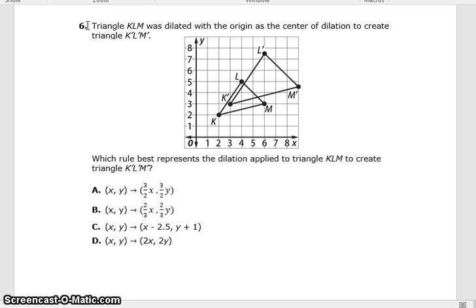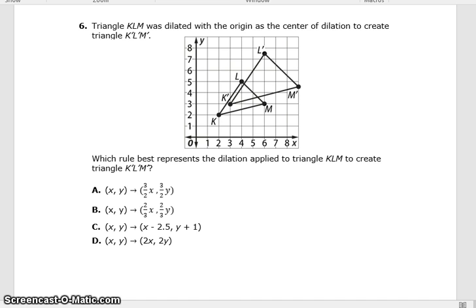Number 6. Triangle KLM was dilated with the origin as the center of dilation to create triangle KLM prime. So this is the original one, and this is the new one. Which rule best represents the dilation applied to the triangle KLM to create KLM prime?